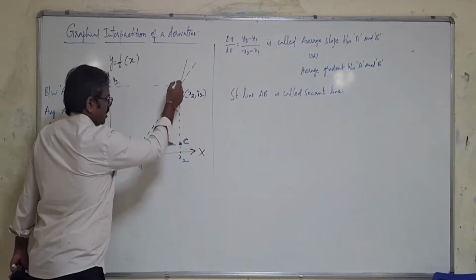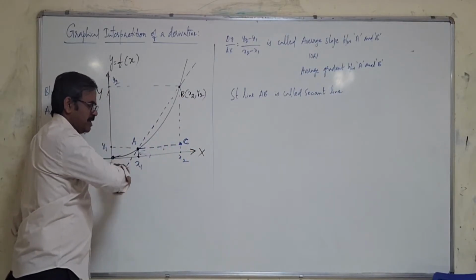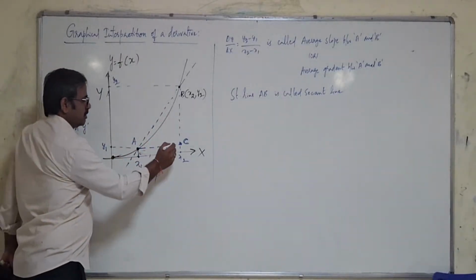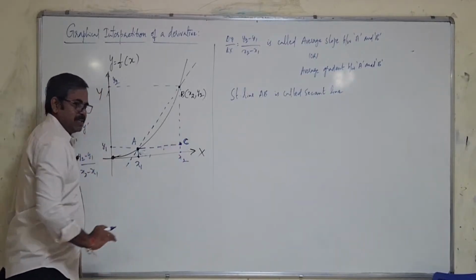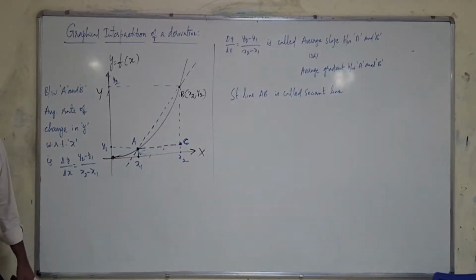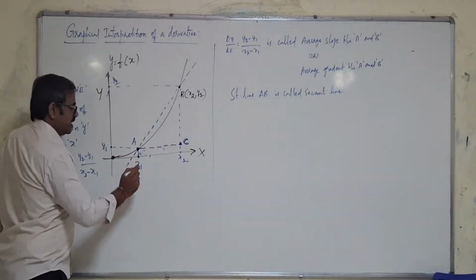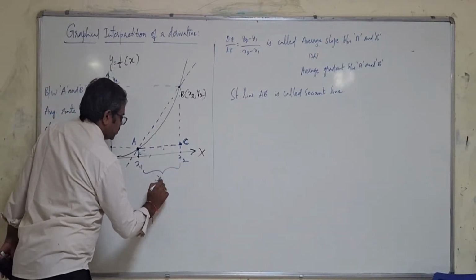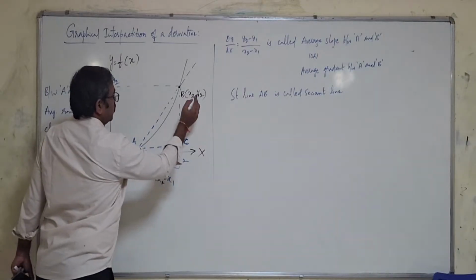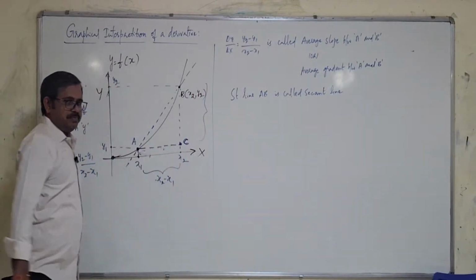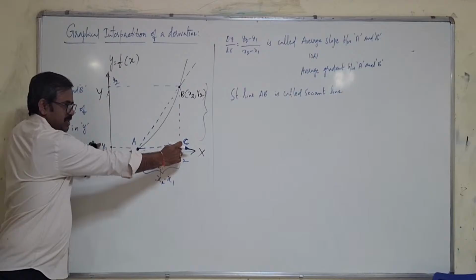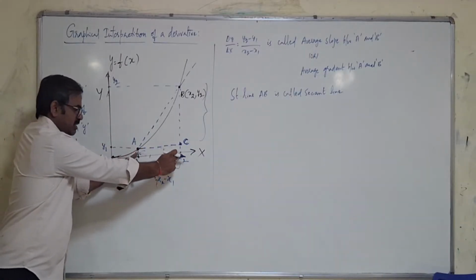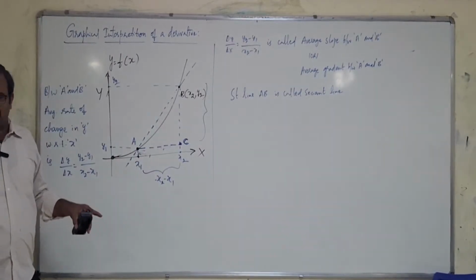Let's say a vertical line is drawn from B and a horizontal line is drawn from A, and they intersect at point C. Now, what is the length AC equal to? X2 minus X1. And what is the length BC equal to? This length is X2 and this length is X1, so this distance should be X2 minus X1.